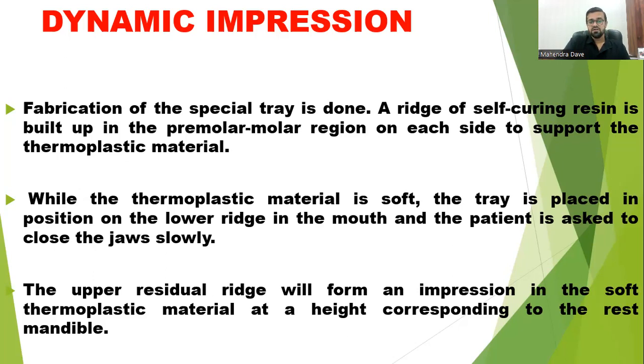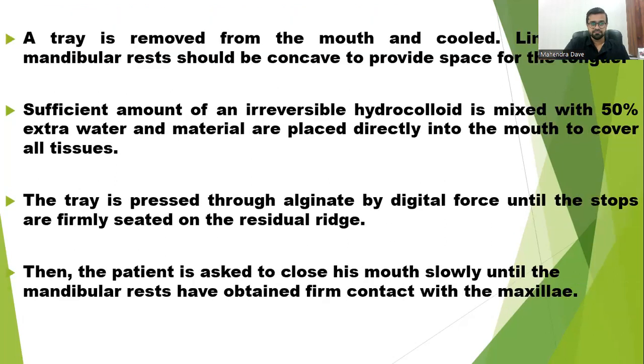The upper residual ridge will form an impression in the soft thermoplastic material at a height corresponding to the rest position of the mandible. Then the tray is removed from the mouth and cooled. Lingual mandibular rests should be concave to provide space for the tongue.